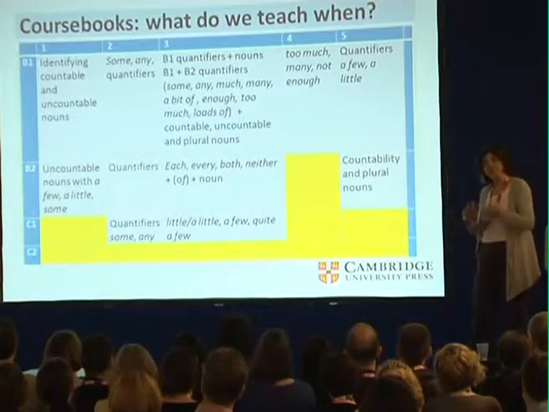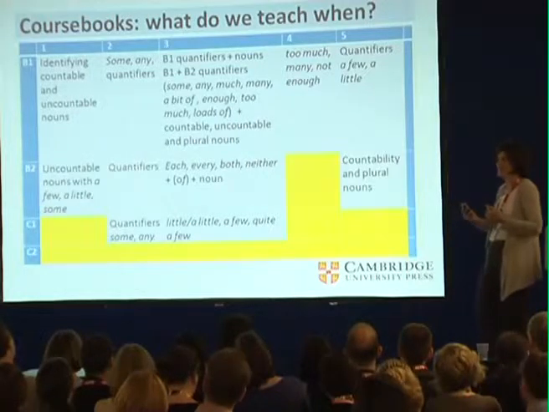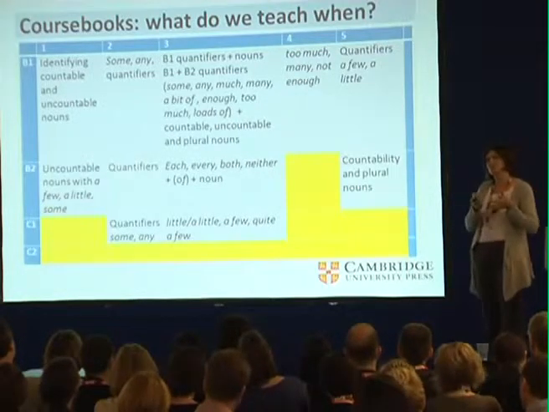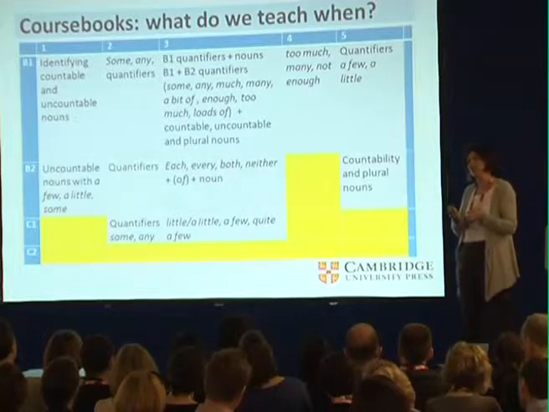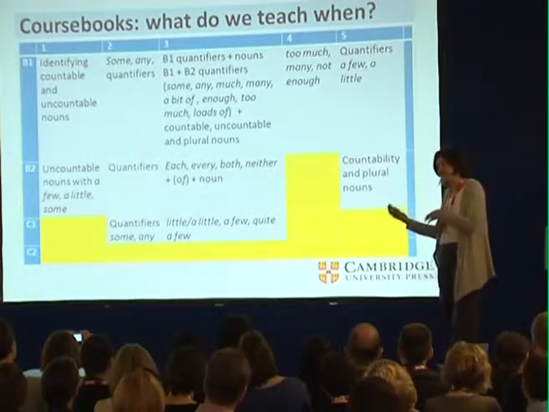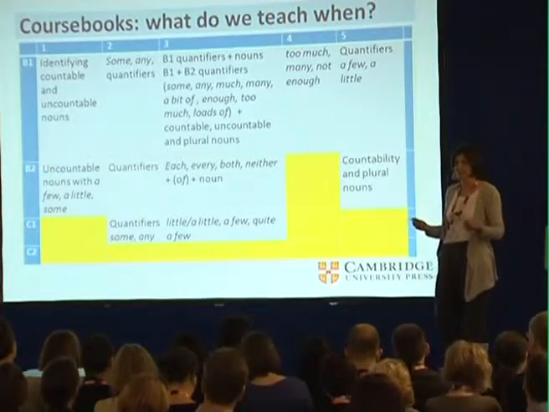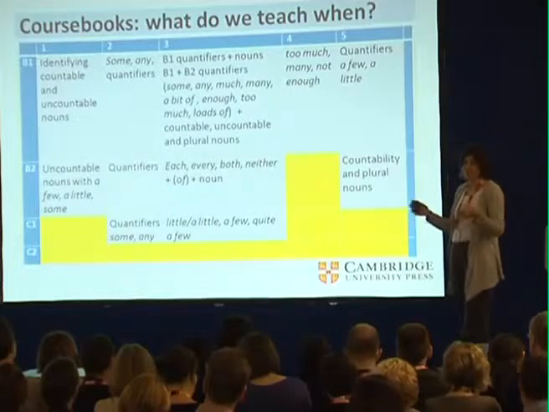But it's still an error. So going back to what Anne was saying before, we can't just look at the errors that occur at A1, or the fact that students can do something at A1 and then assume that they can do it at C2 as well, because as the vocabulary expands and the grammar becomes more complex, so do more errors get introduced.